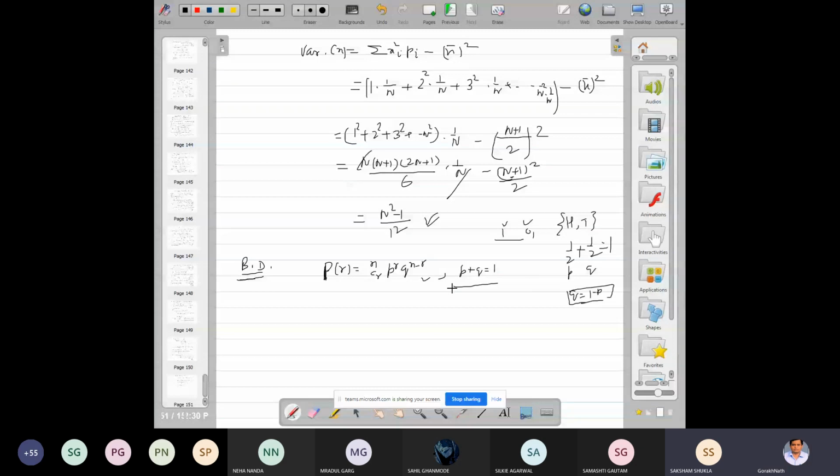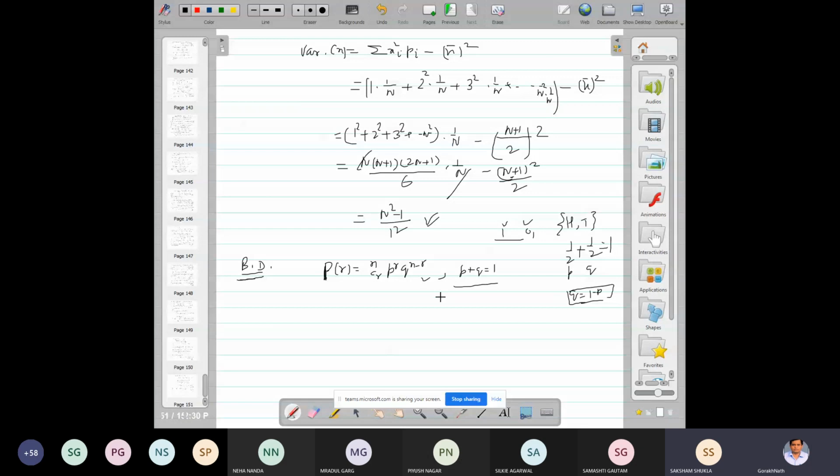And if we repeat this experiment n times, that is, if we toss a coin n times, and out of these n times r times head comes, its probability is given by this, where p plus q is equal to 1, r is the number of successes and n is 1, 2, 3 and so on.